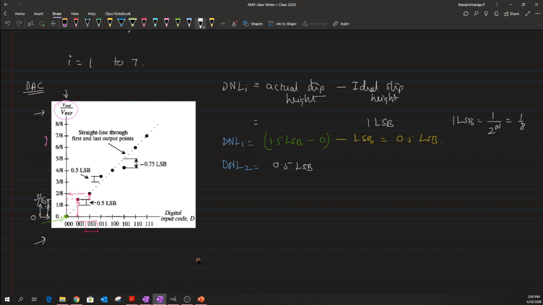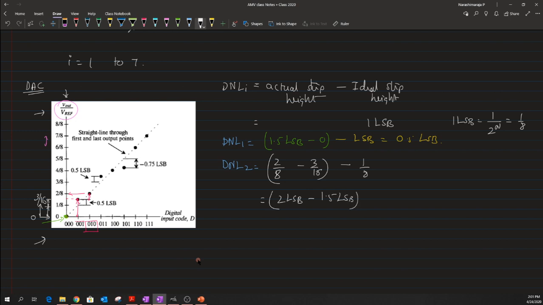You need to write it as 2 by 8, which is the current value and not in LSB, minus this 3 by 16, which can be rewritten in terms of LSBs as 2 LSB minus 1.5 LSB.